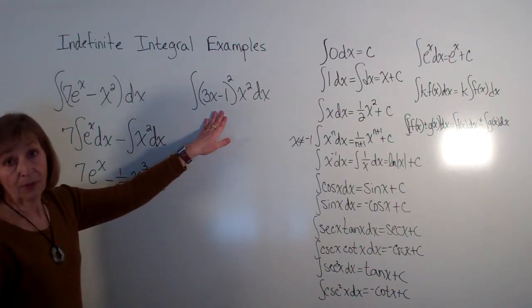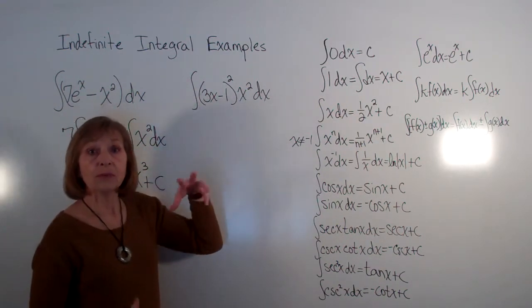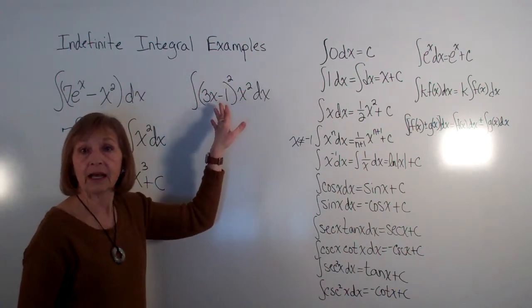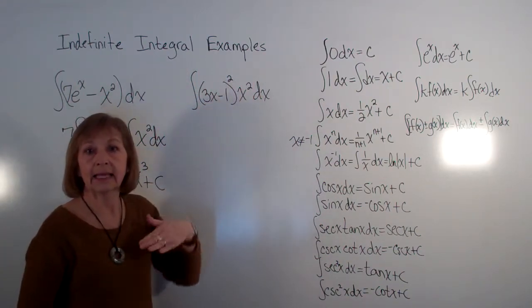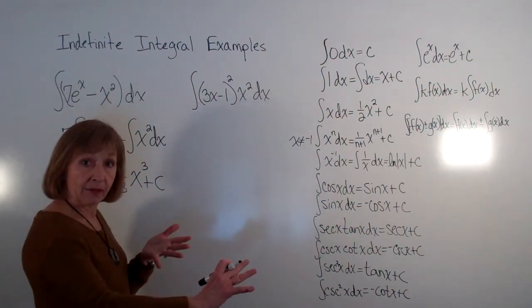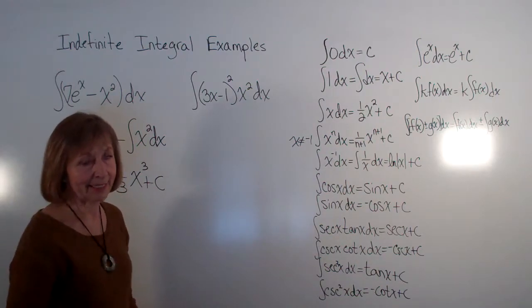This one, however, is going to require us to do some rewriting because I don't yet have anything that allows us to integrate when there's an exponent on an expression, and I don't have anything that lets us integrate a product. So we're going to have to expand out the binomial, multiply through the x squared before we can integrate.